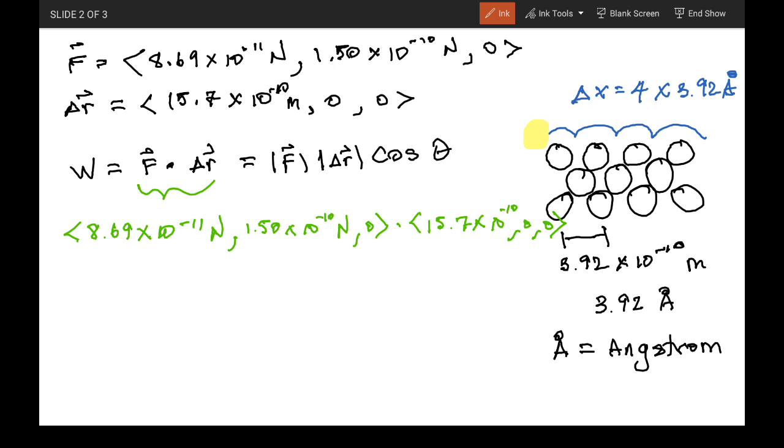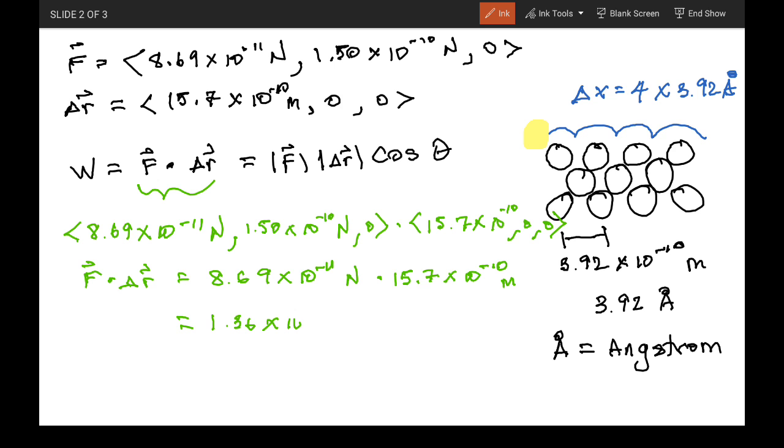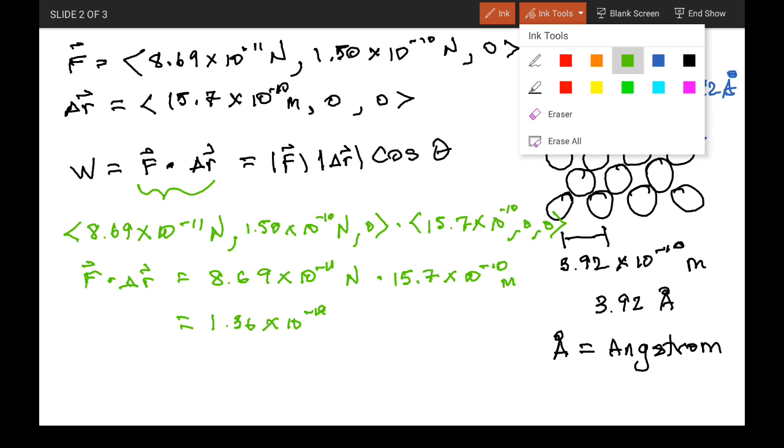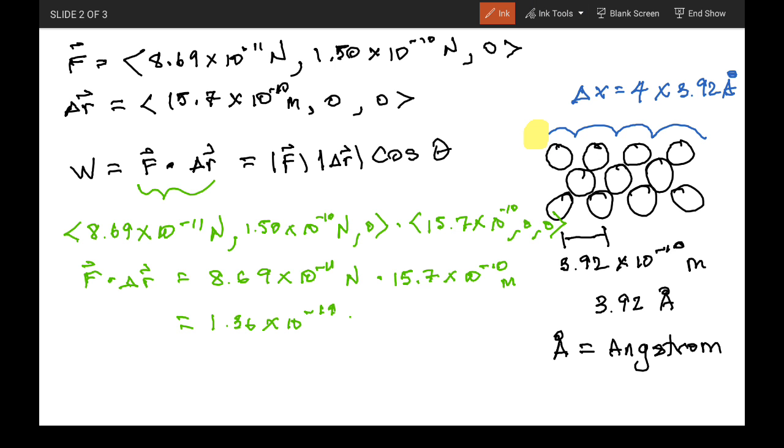So when I multiply those together, I get 1.36 times 10 to the minus 19 joules.